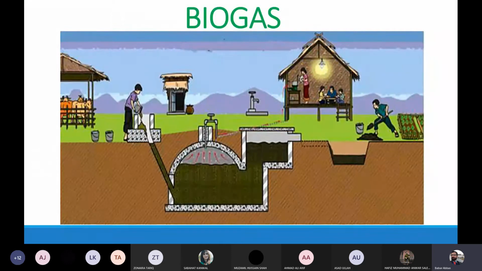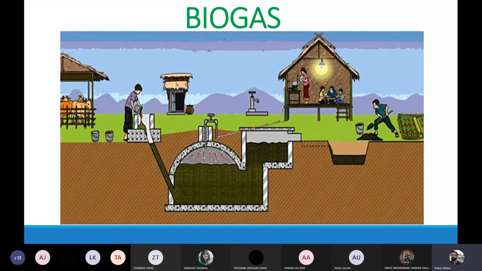It is conducted in airtight containers or reactors, which makes the process anaerobic, and it converts the solid waste by the use of anaerobic bacteria into different products like compost or slurry or manure, as well as the biogas.